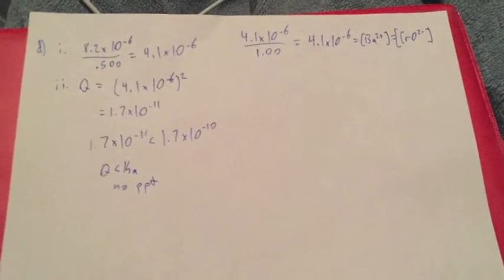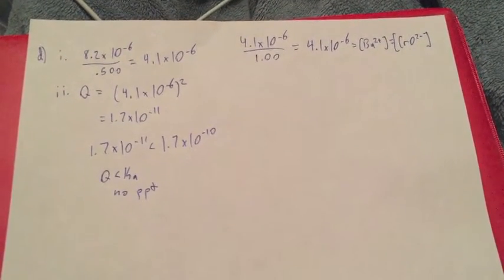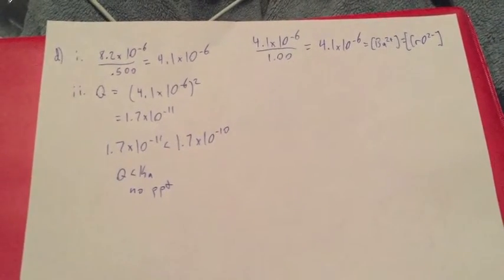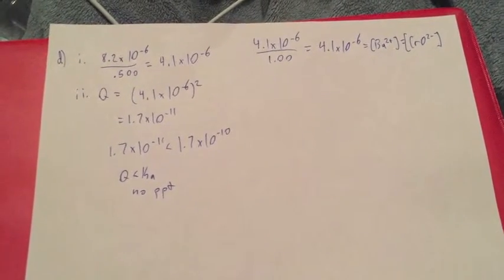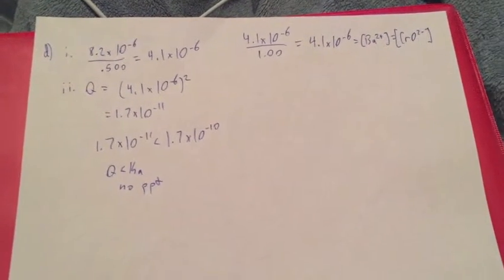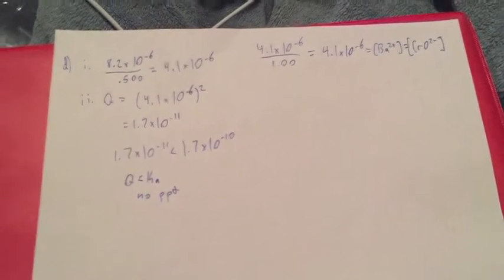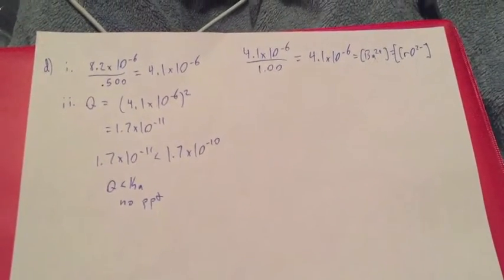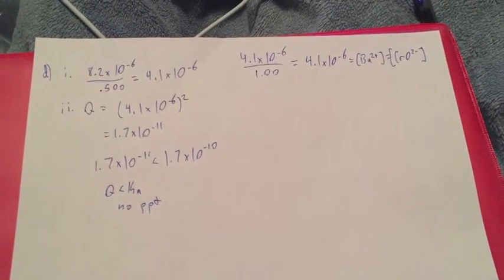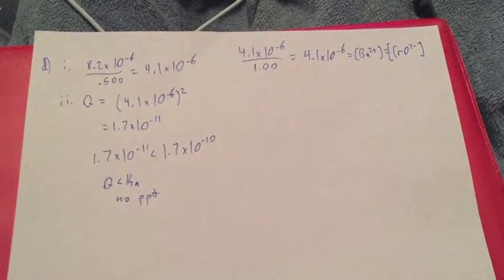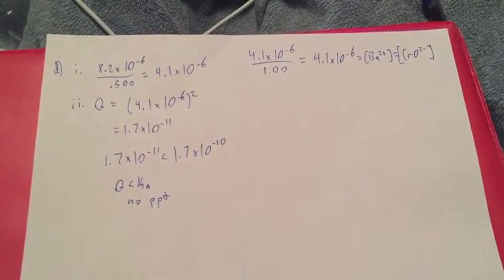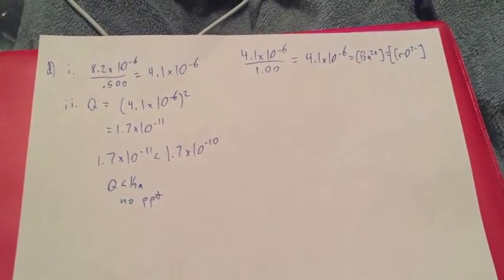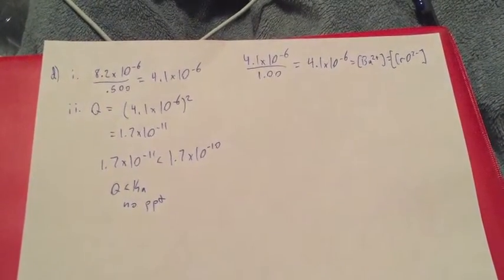In part 1 part D, we are asked to calculate the molar concentrations of Ba2+ and CrO4 2- in 1 liter of solution with given information. Here we divide the 8.2 times 10 to the negative 6, which is the molarity given, by the 500 milliliter value we're given to get 4.1 times 10 to the negative 6.